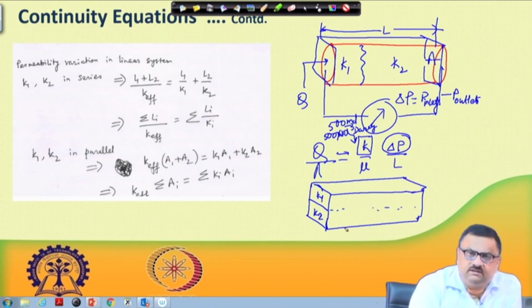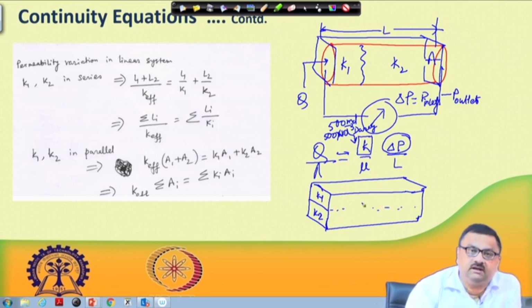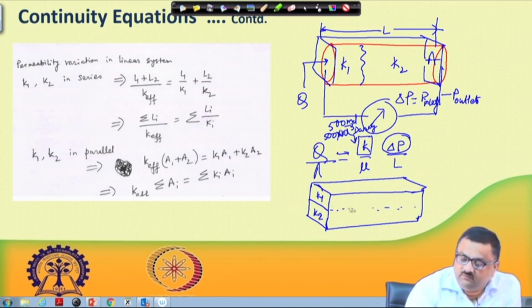One thing I must point out at this time is that running these two permeabilities in parallel and still expecting the flow to be unidirectional may not be that easy. Suppose there is a flow taking place and I am expecting that the flow will take place in parallel. Here I have some velocity which depends on K1, here I have some velocity which depends on K2.